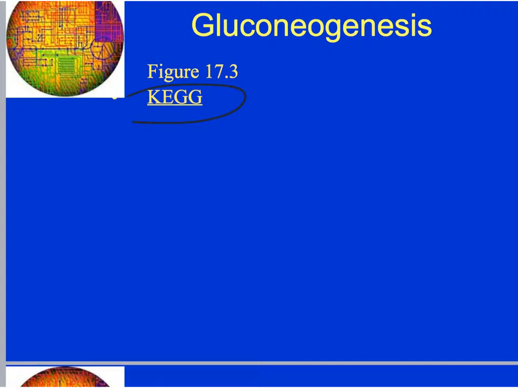So if I do gluconeogenesis, you can see that you generate a page that looks like this. And so there are different pieces that you can use, including just looking at the genes that are assigned to this pathway. But if you look at the pathway itself, I think you have to do this on the map.